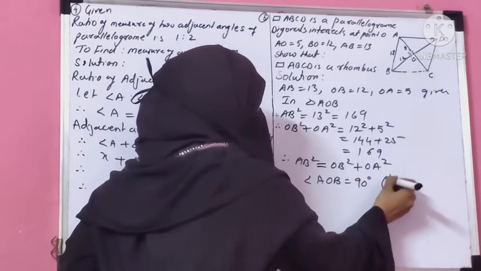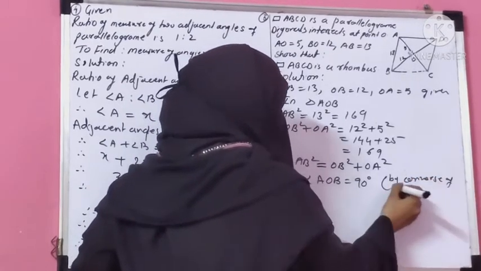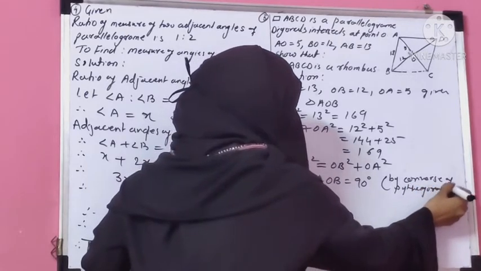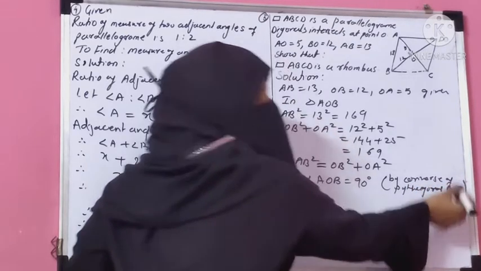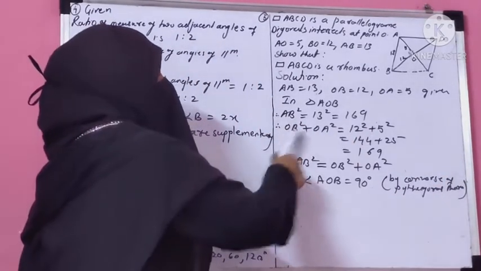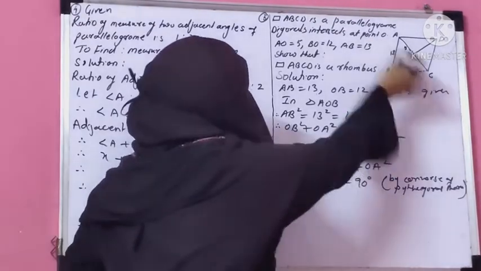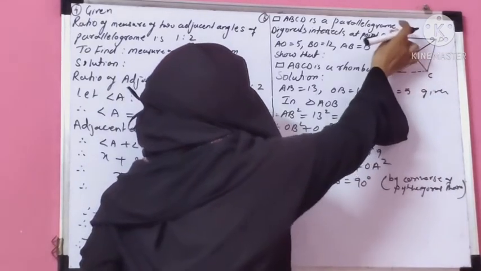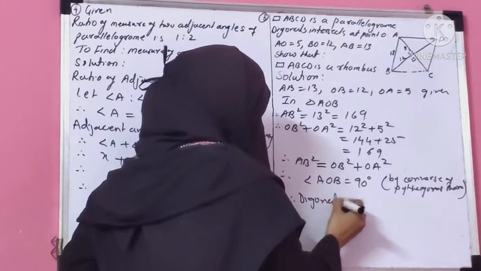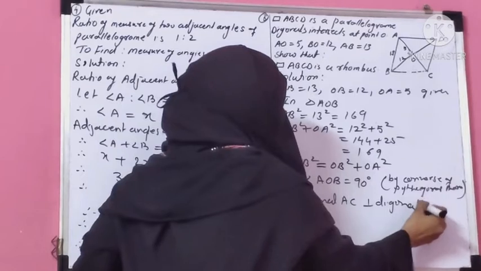By converse of Pythagoras theorem, this angle is 90 degrees as the greater side square is equal to the sum of the squares of the remaining two sides. So therefore OA is perpendicular to OB, diagonal AC is perpendicular to diagonal BD.